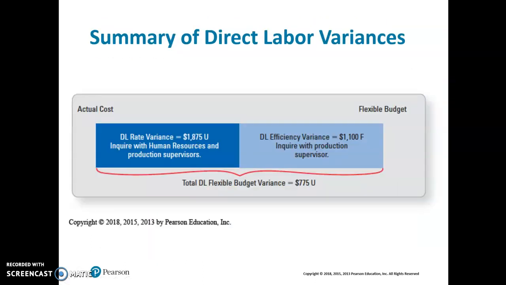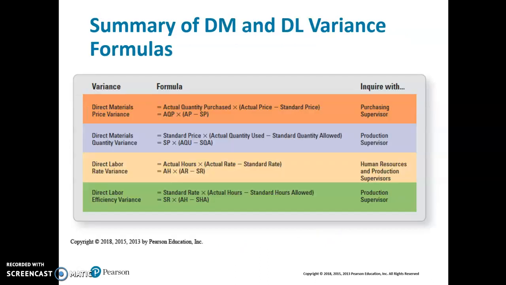Here we're looking at actual costs and a flexible budget, and we're taking it apart into rate variance and efficiency variance. The direct labor variances don't have any other fancy things going on. It is what you expect it to be.